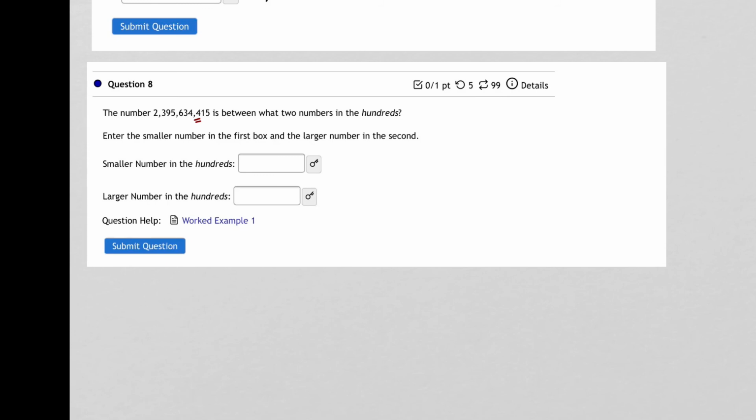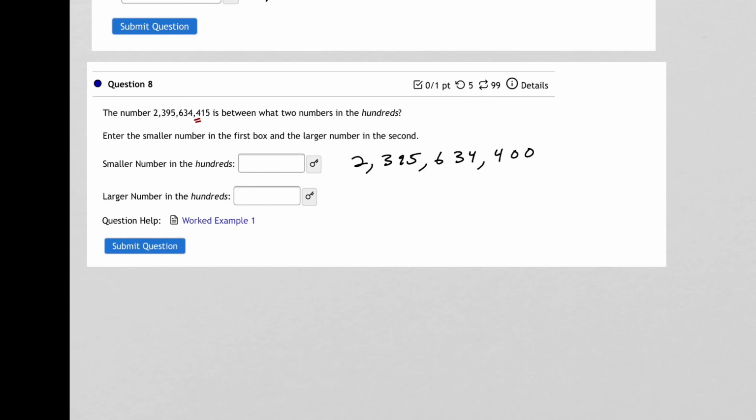Well, you can think of this as rounding it or either going below and above, right? So in this case, the number below that in the hundreds is going to be 2,395,634,400, right?